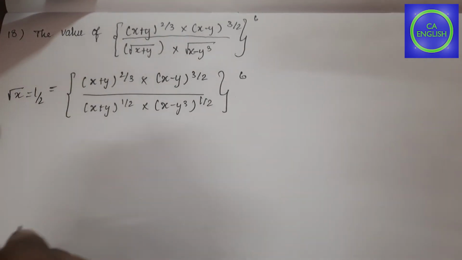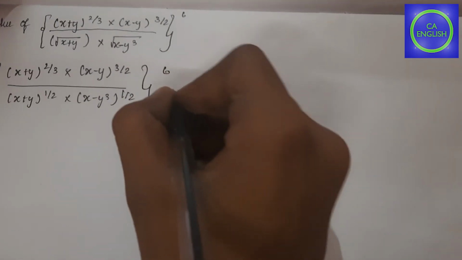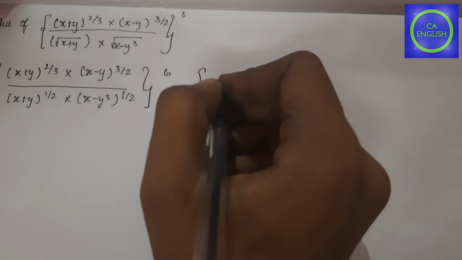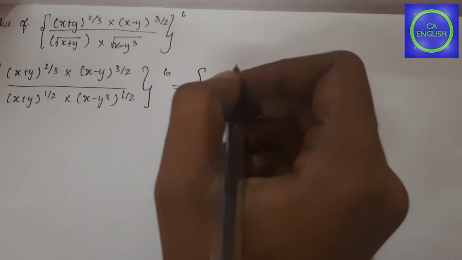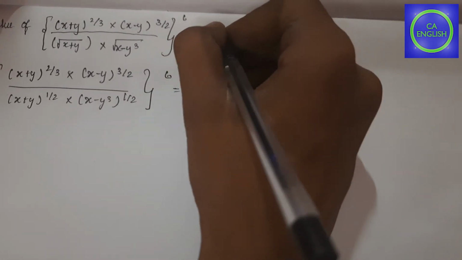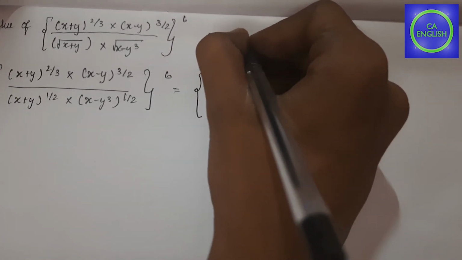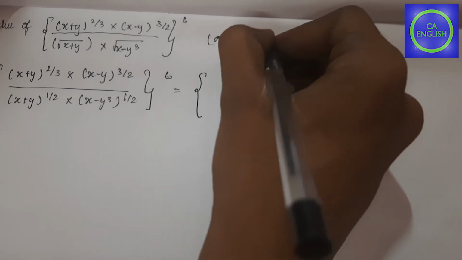In the next step, we are going to use one law. The law is a power m the whole power n is equal to a power m into n.